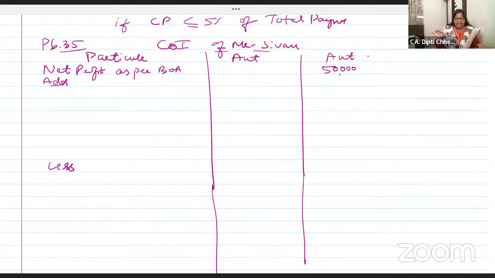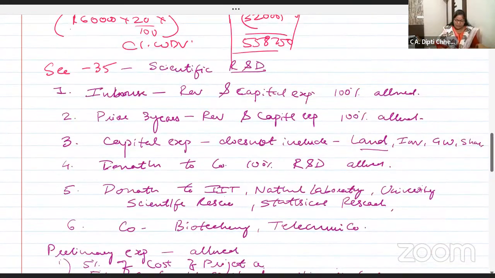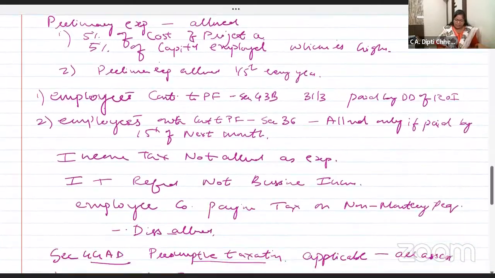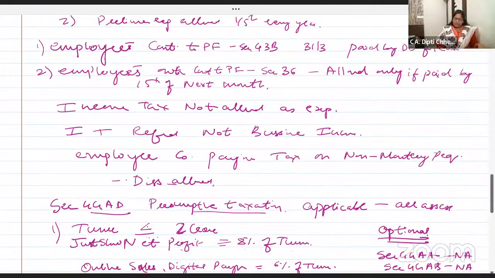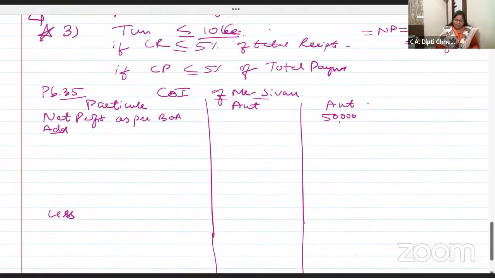Are you all there in Telegram? ऊपर link दिया हुआ है तो click करो. Today I made you write what? ये देखो. साइंटिफिक रिसर्च हमने पहले लिखा था, प्रिलिमिनरी एक्सपेंस लिखा था. Today I made you write this PF wala, then I made you write 44AD, and now we are solving this question.